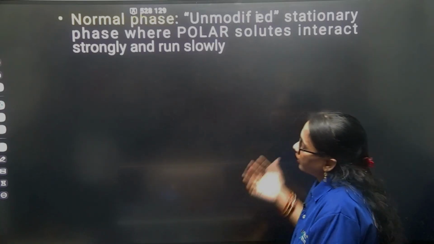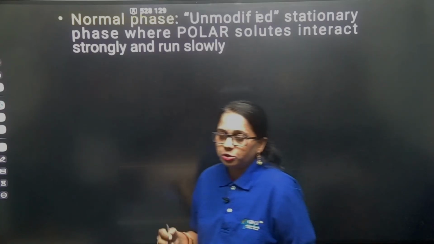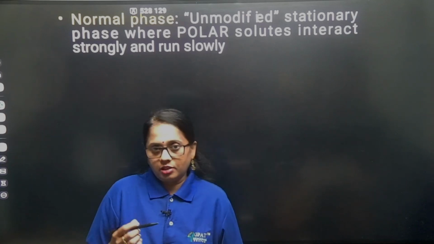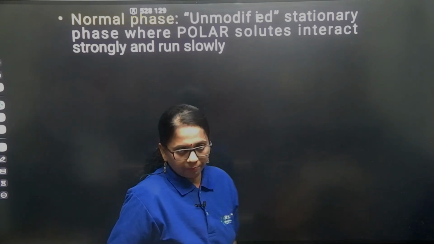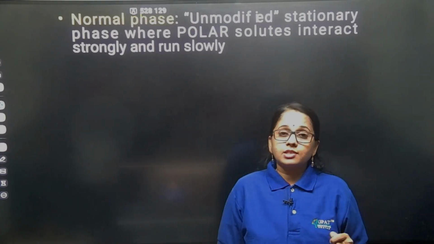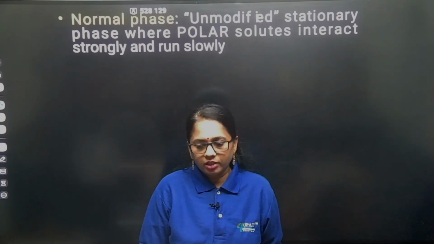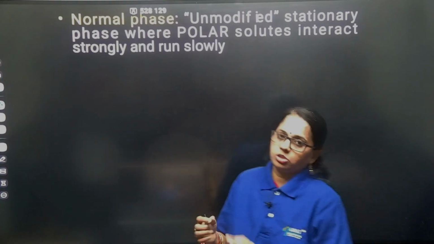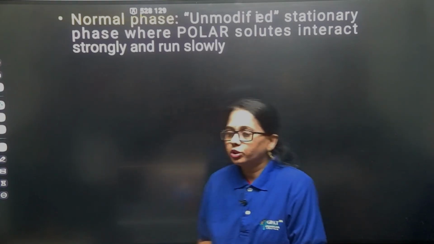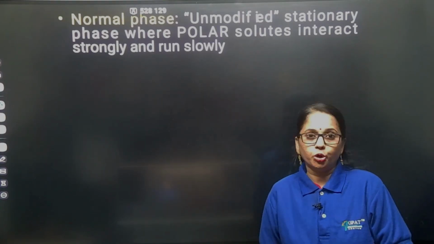That unmodified stationary phase is going to be majorly used to separate the polar solutes, the solutes which are polar in nature. Generally, in order to retain those polar molecules, we are going to use this normal phase mode.